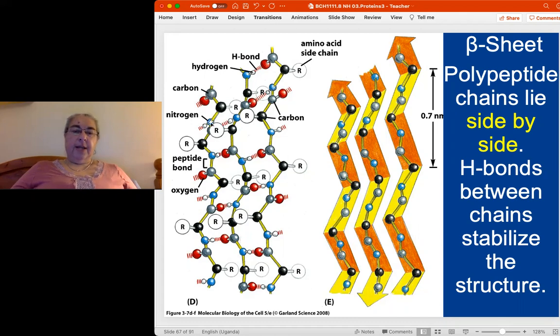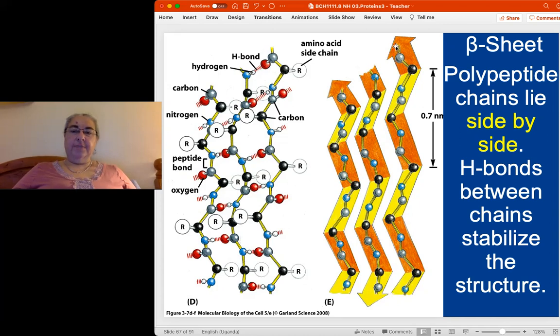So here we have one part of a polypeptide chain, another part, and a third part. And if you follow the directions of the arrows here, the direction of the arrow on the end of the chain points towards the C-terminal end of the polypeptide. So this one is going in one direction, opposite direction, and first direction again.